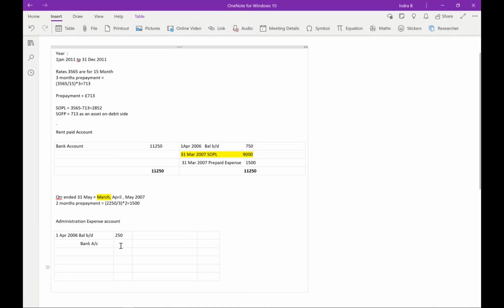So how much is the bank amount? 10,400. Yeah, it's here. This is simple. Now, what is the further thing said?